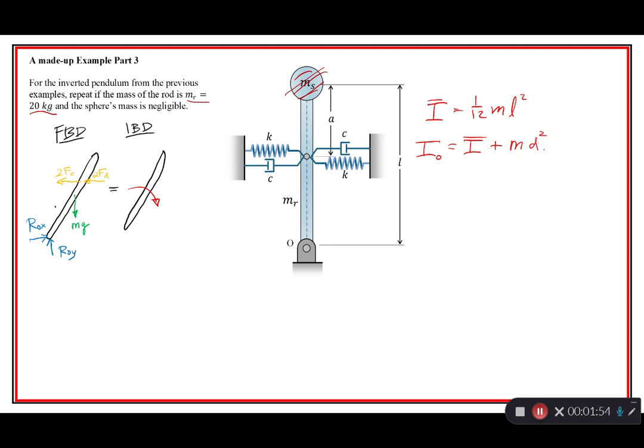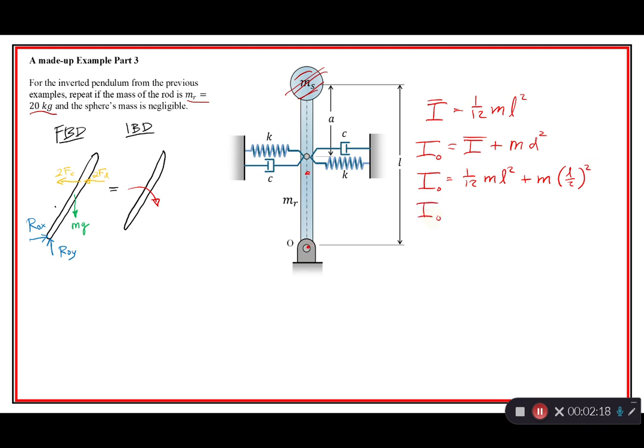So d in this case is going to be the distance that we have to move, which is 1/2 L, right? So IO is equal to 1/12 ml squared plus m times L over 2, the distance we have to move from the center to O, squared.